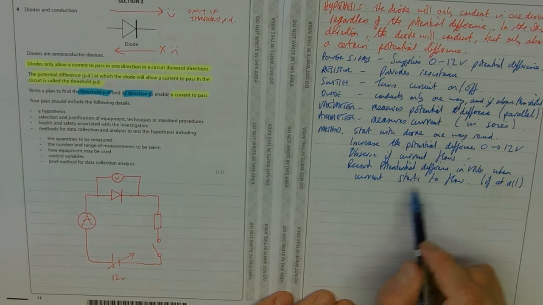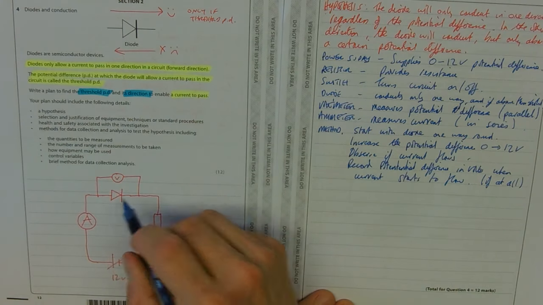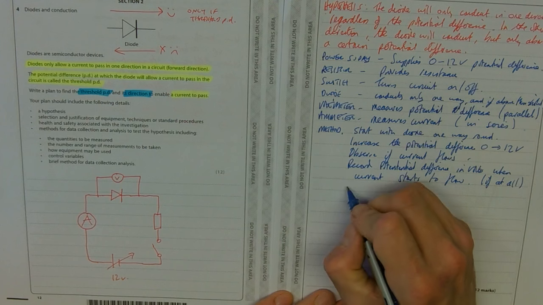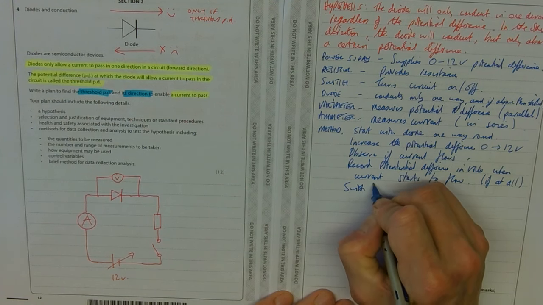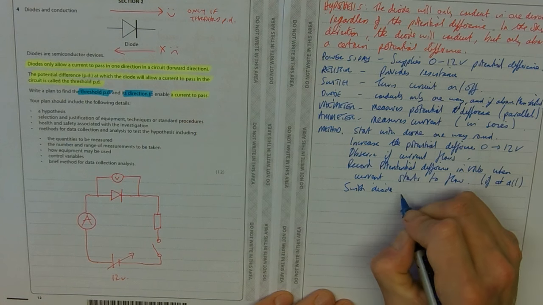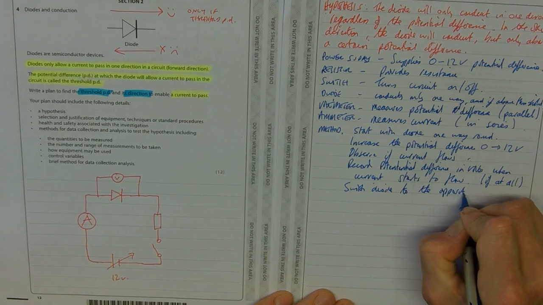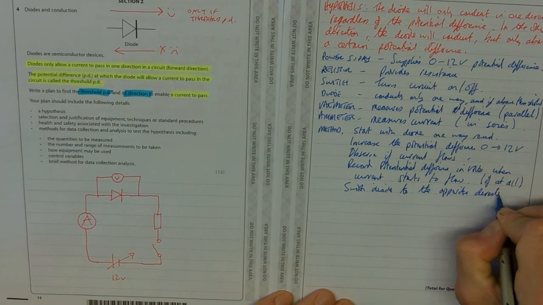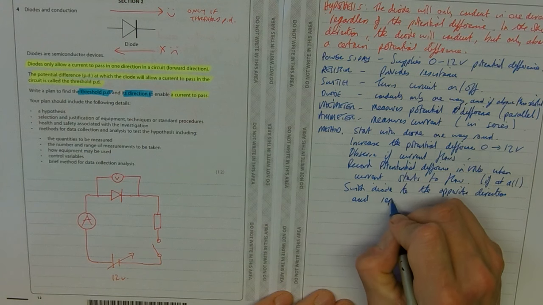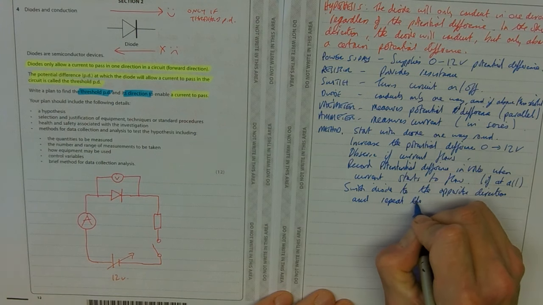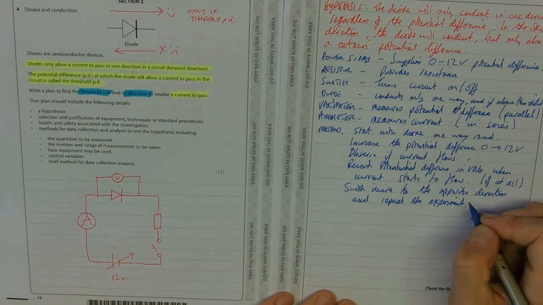Then what we're doing is turning the diode the other way around and repeating. So switch the diode to the opposite direction and repeat the experiment.